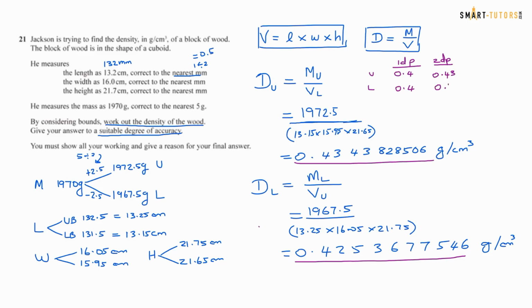They are both the same answer. If I approximate to the second decimal place, the upper answer is 0.43 and the lower answer is also 0.43. So still the answers are the same.